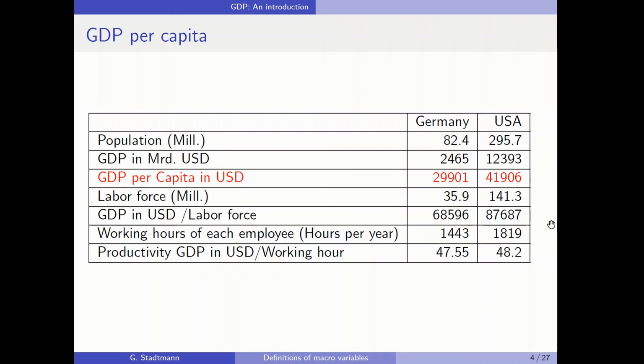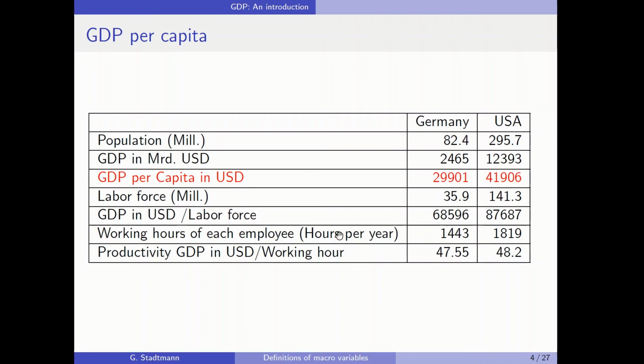But when you look at the other rows of this table, you can see here one measure of productivity, the GDP measured in US dollars, which is created in one working hour. And when you look at the values, more or less it's the same. It's $48 in Germany and $48 in the US. So there are not such big differences in productivity.